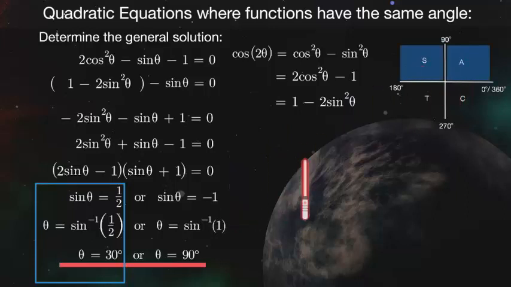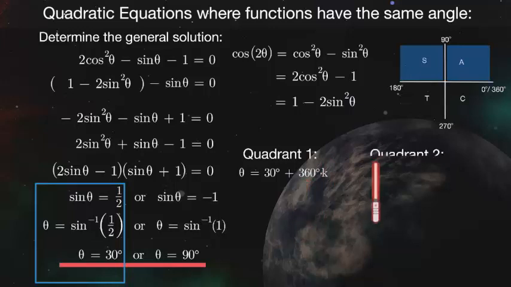So I write down quadrant 1 and then I just write this reference angle, theta equals 30 degrees plus, and this time, because it's a general solution, 360 degrees times k. Why 360 degrees? Because unlike a tangent function, it takes 360 degrees for a sine and a cosine function to complete itself.